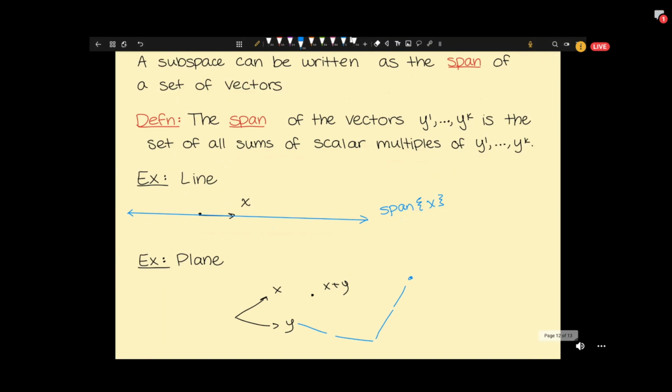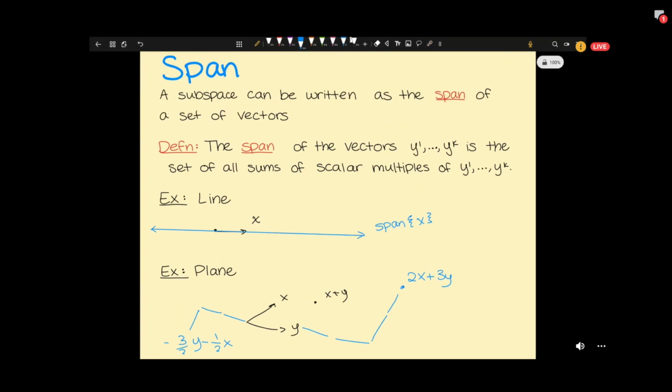So this is roughly 2x plus 3y. And we could come over here, and this is something like negative 3/2 y minus 1/2 x. So you do all of these combinations. You do every possible combination of scaled amounts of x and y, and you get a plane.